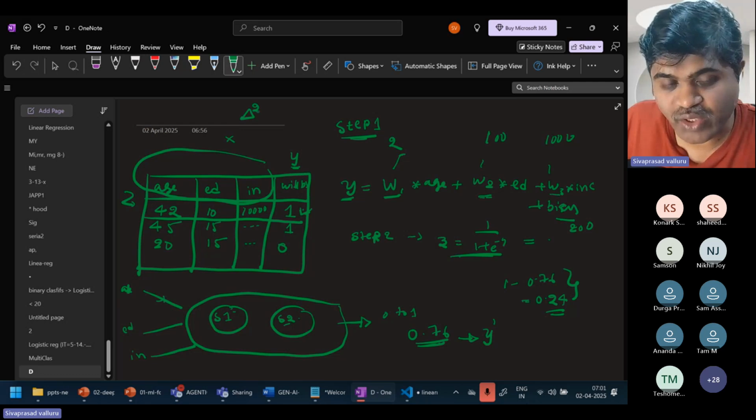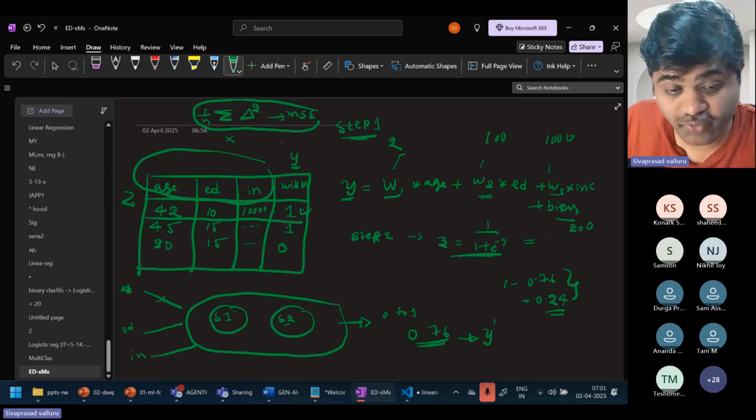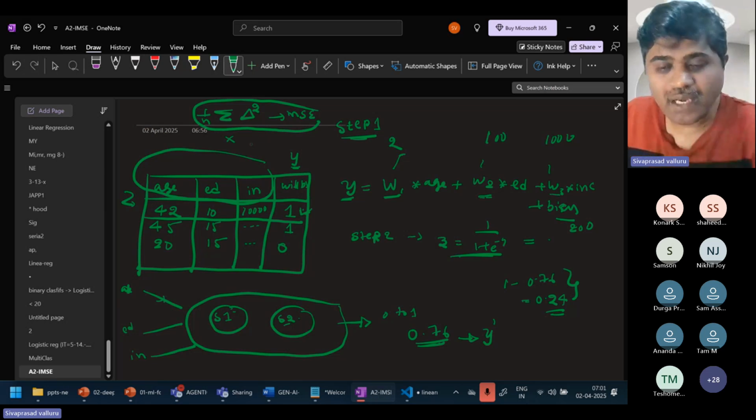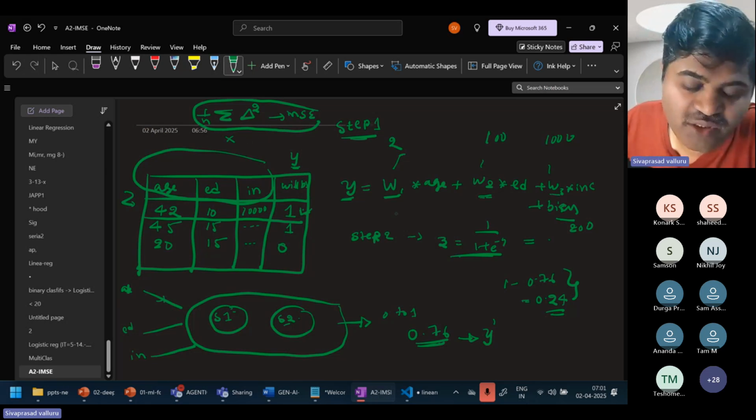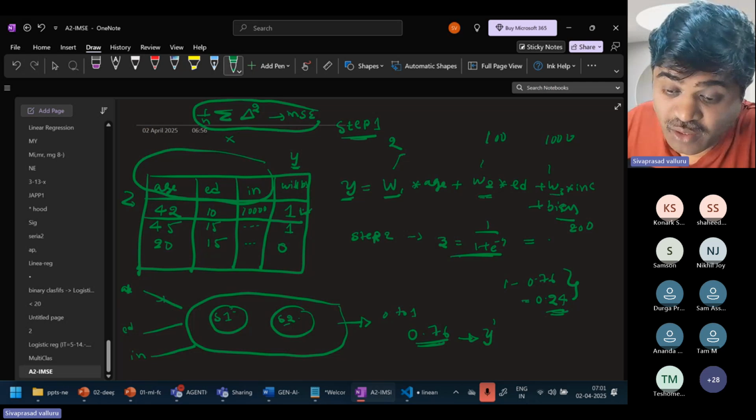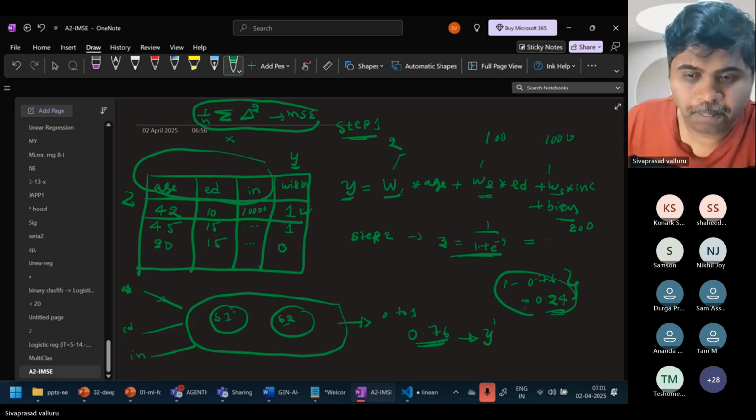The difference between the actual value and the predicted value is delta square. I'll sum it and divide by n. This I called as mean squared error. This was the function which I used for calculating the loss for the entire thing. But now here, when we are using logistic regression, this is not how we calculate.